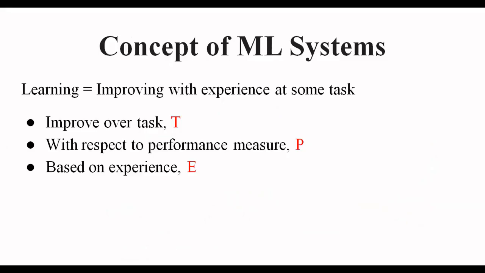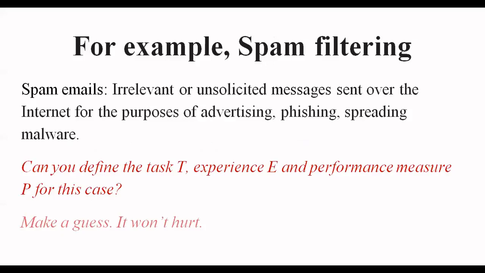So, for example, spam filtering is a classical example of machine learning. We all have emails, and our email service provider, Gmail, AOL, Hotmail, or Outlook, will classify our emails as spam and non-spam. Spam emails are irrelevant or unsolicited messages sent over the internet for the purpose of advertising, phishing, or spreading malware.